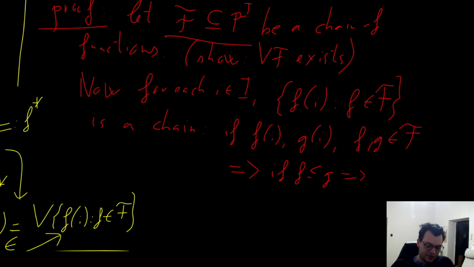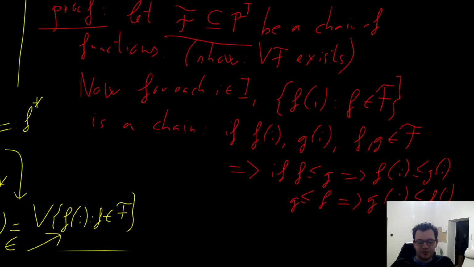If f is the smaller one, then f(i) is a lower bound for g(i), otherwise it's the other way around, g(i) is at most f(i). So they are comparable either way.